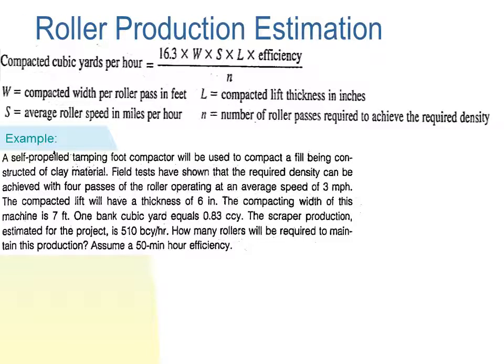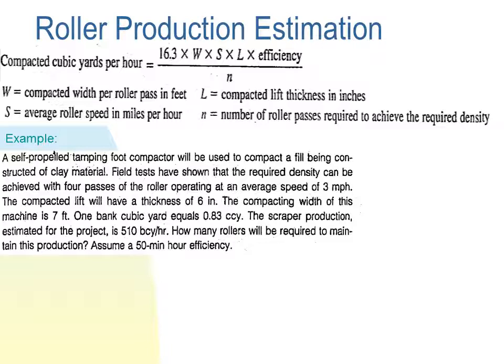The speed is 3 miles per hour. The thickness is 6 inch. The compacting width is 7 feet. And the bank cubic yard is equal to 0.83 compacted cubic yards. The scraper production estimated for the project is 510 bank cubic yards. How many rollers will be required to maintain this production? Assume 50 minutes per hour.